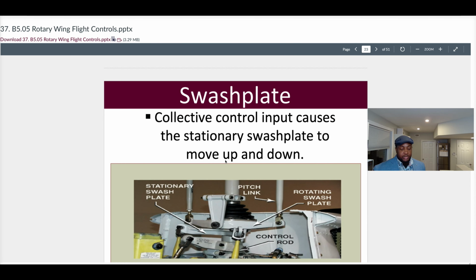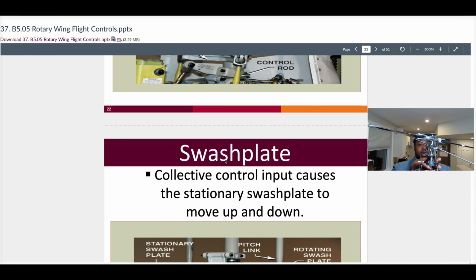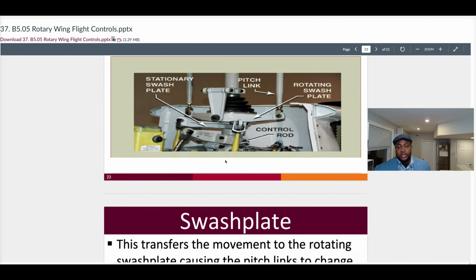Raising the collective would cause the bottom swash plate to move up, and the top swash plate would move up too, changing the pitch of all the blades. So the top swash plate inherits the motion of the bottom swash plate like this. Any movement that happens on the bottom swash plate is inherited by the top swash plate. This transfers the movement to the rotating part of the rotor disc.